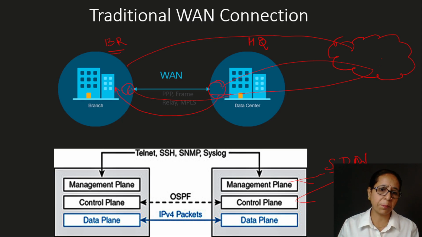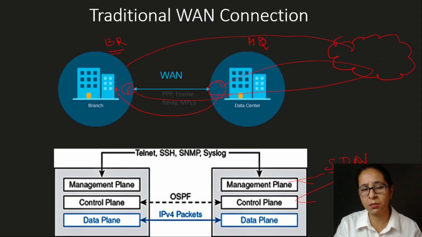So the data plane work is still on premises, and the management and control planes work at the centralized location. This is the concept that came into the picture, and nowadays a lot of companies are using it, and it is highly popular.